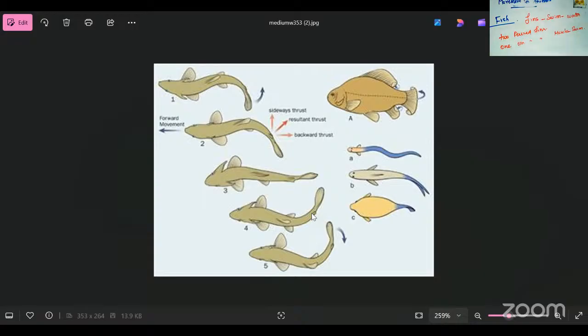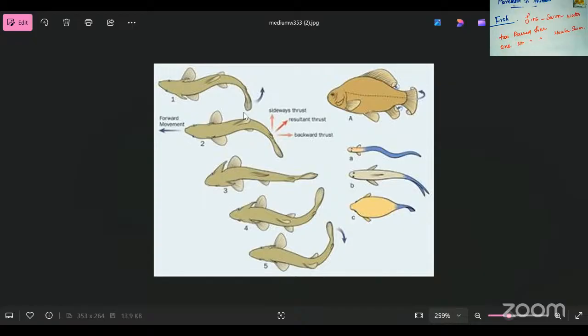So this is the direction difference. If the front part is in one direction, the back part is in the opposite direction. That is the main part of the movement of fishes, the special nature. So first point, the front part curves to one side and automatically the tail part stays in the opposite direction.